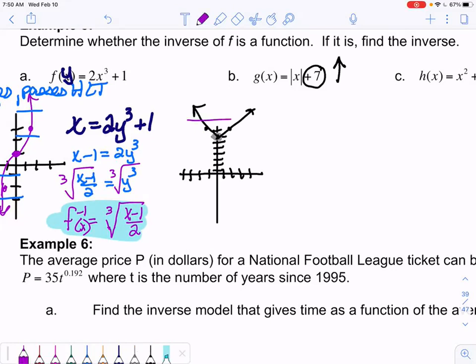No. So what does that mean about the inverse then, Brooke? It's not a function. Excellent.